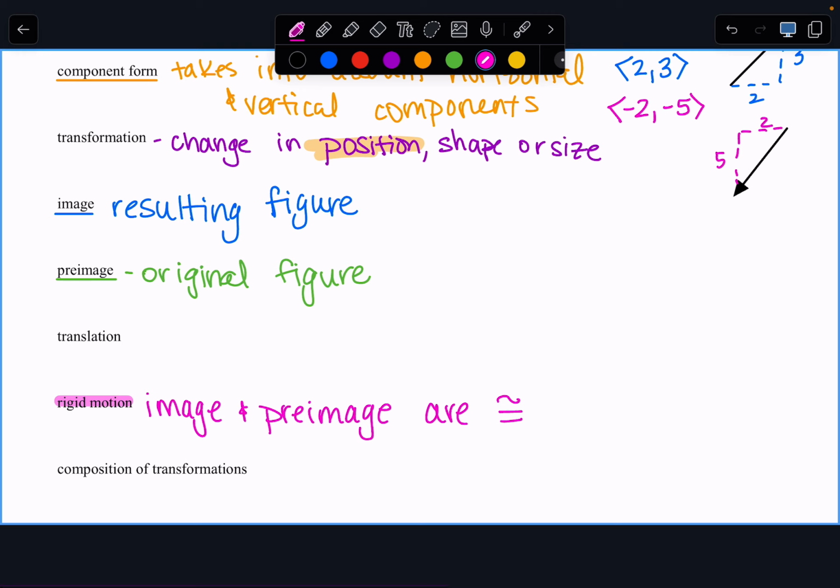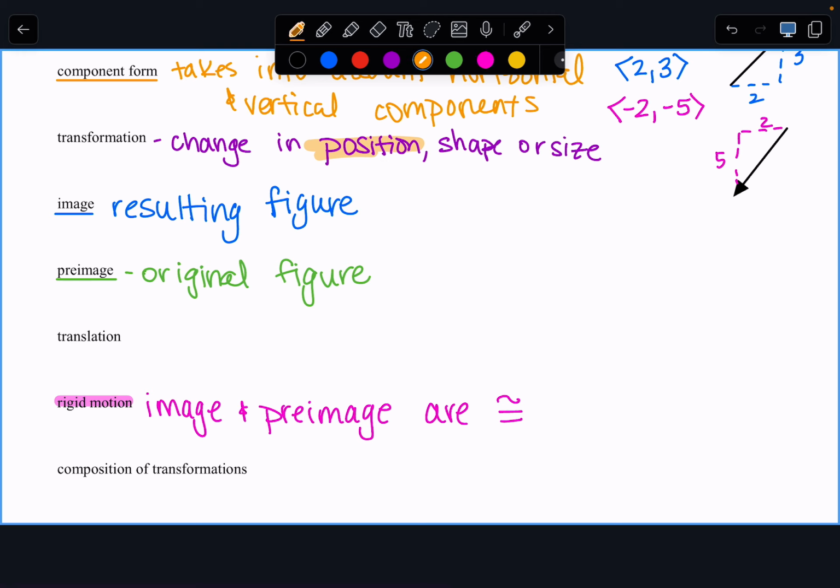They're the same size, okay? We could layer them over the top and they'd be the same. All of their sides are congruent, and all of their angles are congruent. Today specifically, we're not changing the size.